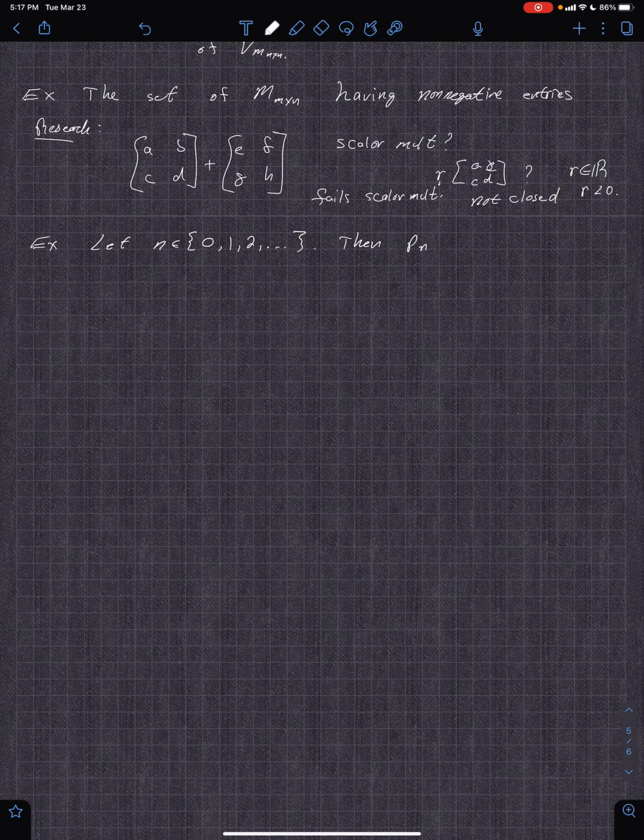So P sub n, we'll say, is the set of all polynomials where n is non-negative integers.